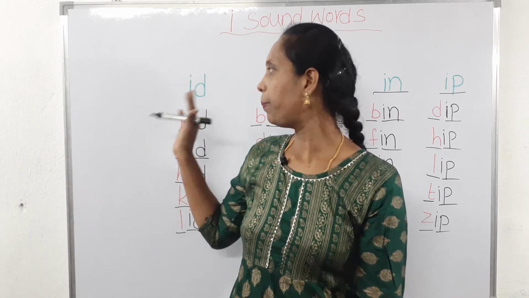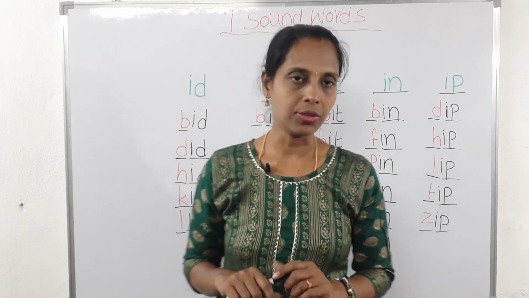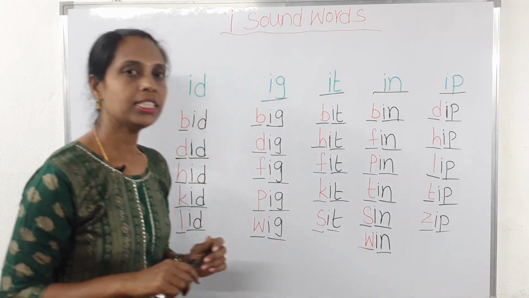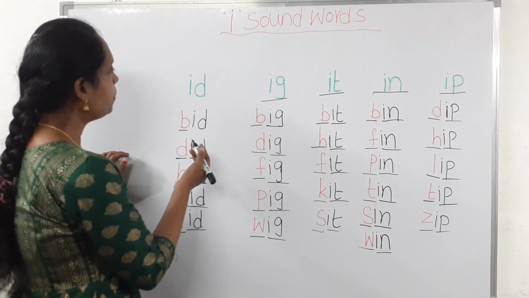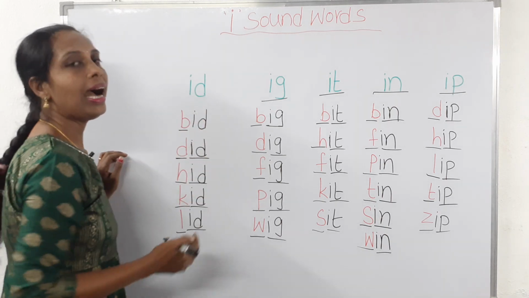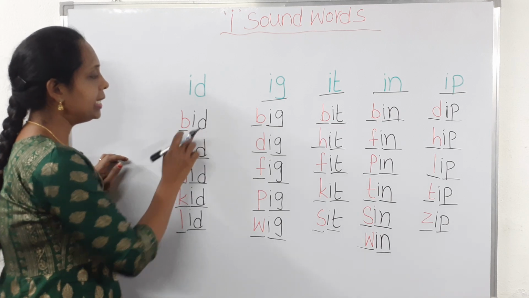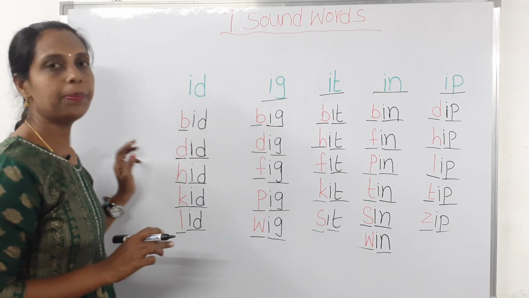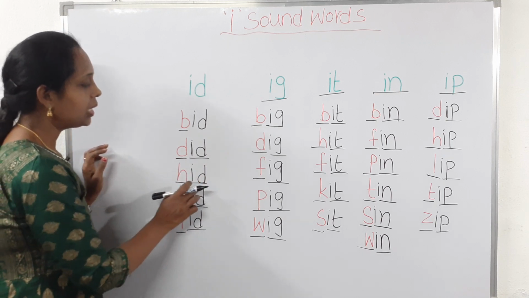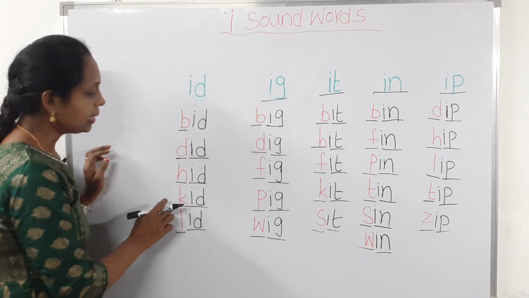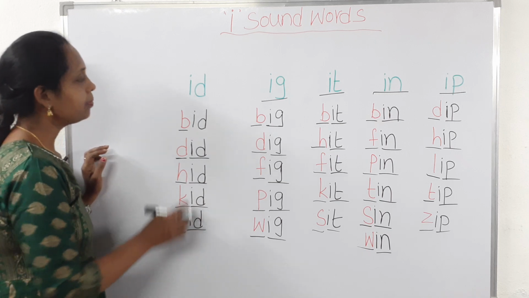Once again I will repeat all these words with the phonic sounds. All of you, students, look at the board. See here, these are ID words. We can add b, id, bid; d, id, did; h, id, hid; k, id, kid; l, id, lid.